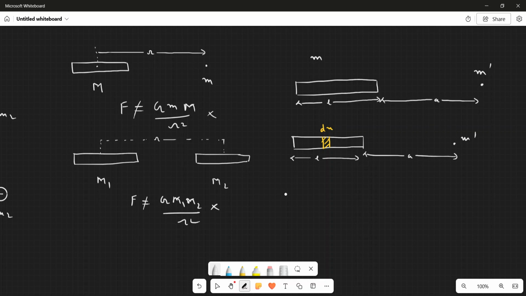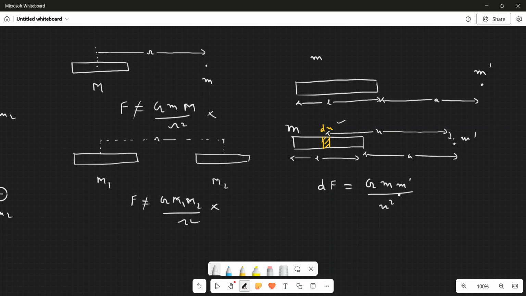Because this is a small element dx, the force existing between them will also be very small. So let's say this is dF, and dF is equal to G into mass of the rod, m, and mass of the particle, m dash, over the distance between this element and the small particle, let's say x, so x square.